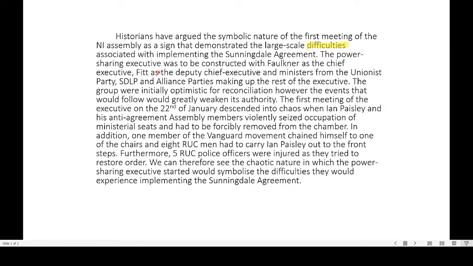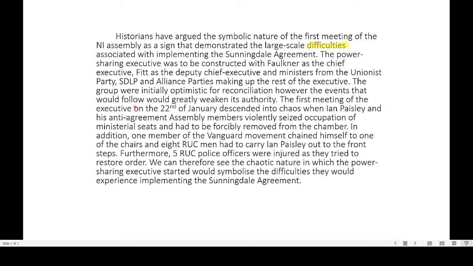The power sharing executive was to be constructed with Faulkner as the chief executive, Fitt as the deputy chief executive, and ministers from the Unionist Party, SDLP and Alliance parties making up the rest. The group were initially optimistic for reconciliation, however the events that would follow would greatly weaken its authority.